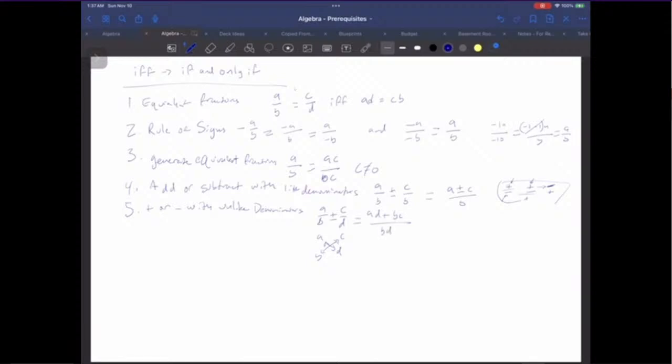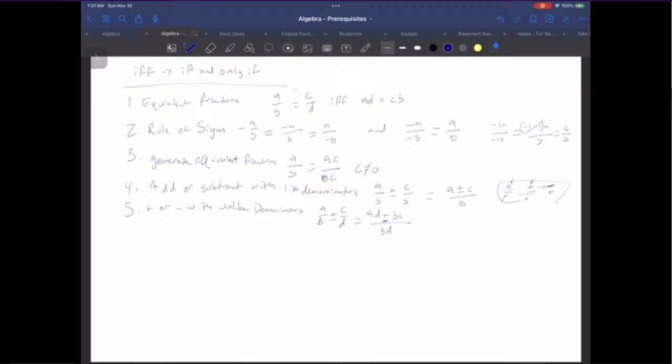That's going to be the same thing, and plus minus. The reason you cross multiply is to get the BD on the bottom, because then you can add them together, but let me take you through why that works.